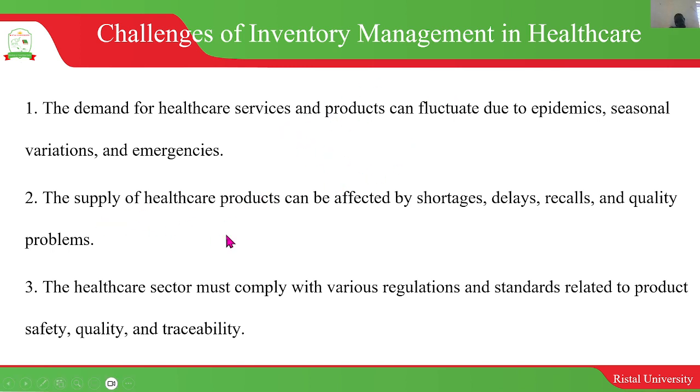Number two, the supply of healthcare products can be affected by shortages, delays, recalls, and quality issues. What we are trying to say here is that we might have a shortage, but this shortage might also come as a result of delays. These delays could be between the order we have placed to get the new supplies, or even a delay from the supplier side.